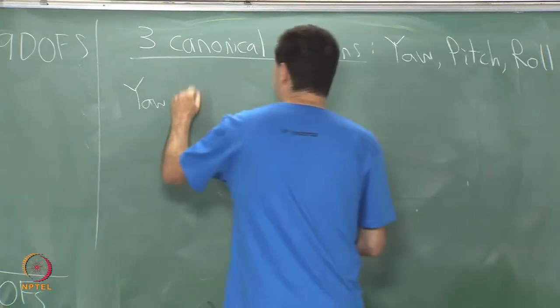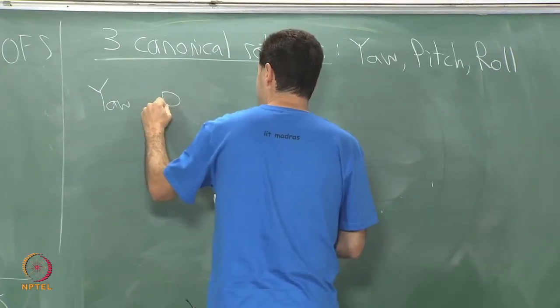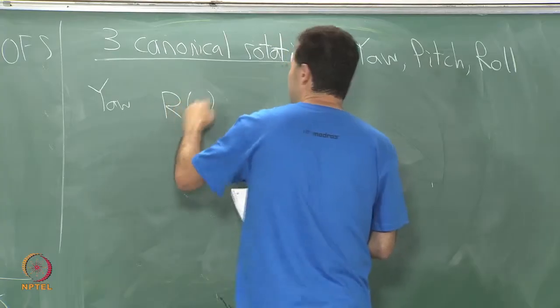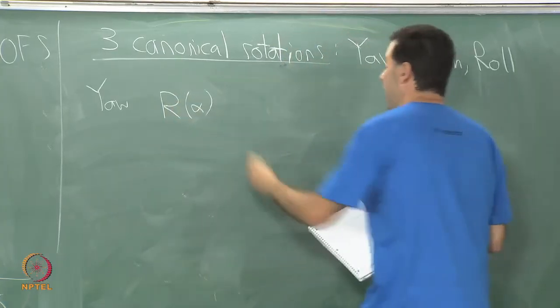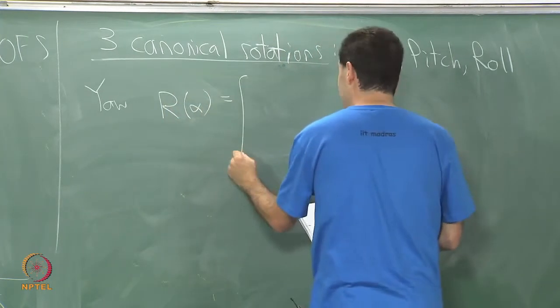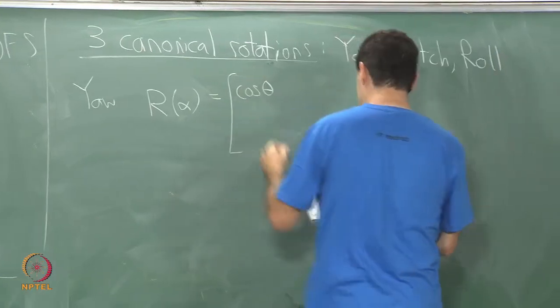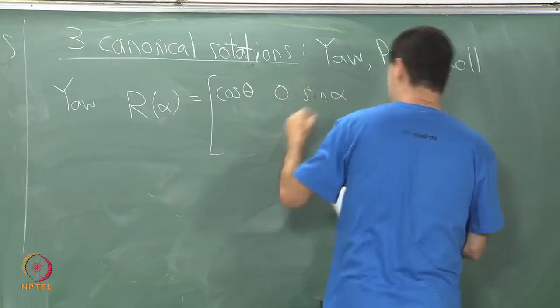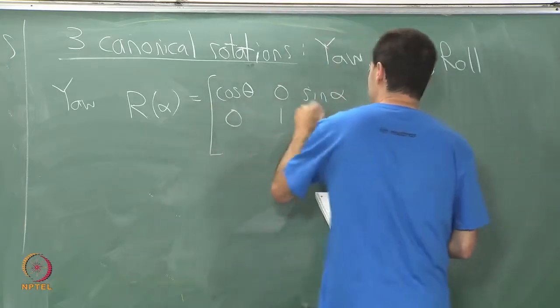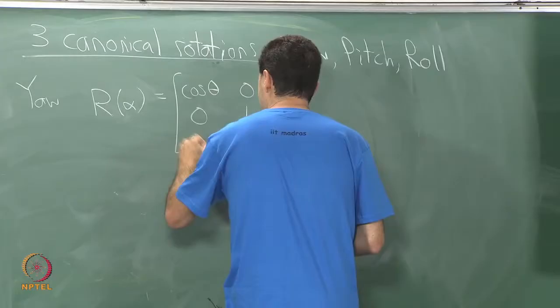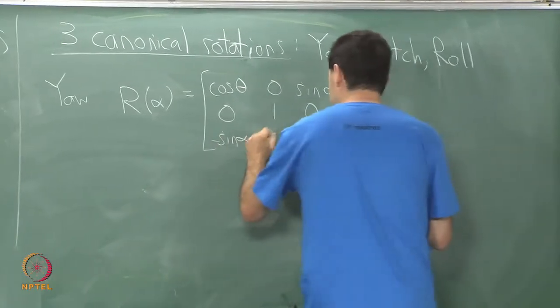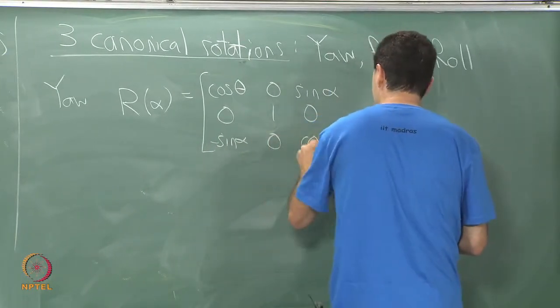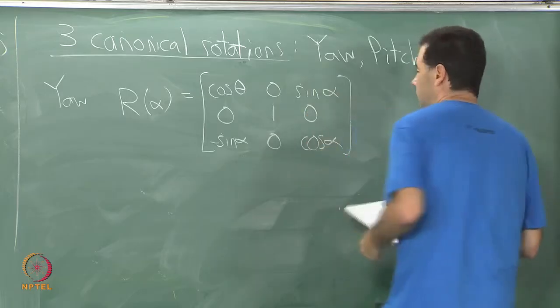Yaw, I'll write it like this. I'll say it's a rotation matrix with a parameter alpha, and it looks like this. Cosine alpha, 0, sine alpha; 0, 1, 0; minus sine alpha, 0, cosine alpha.